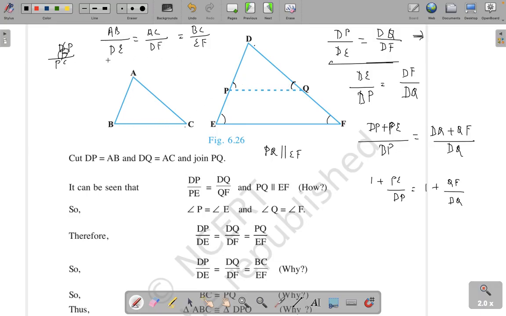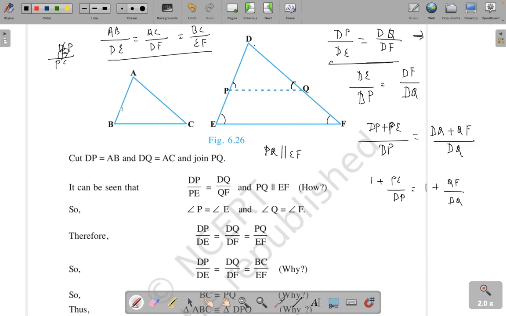We are already given sides are proportional, and we have proved that these angles are equal, and this is common across both. So angles will be equal. But we don't know whether ABC and DPQ are the same or not. So we have to prove that ABC is congruent to DPQ. How do we prove this?